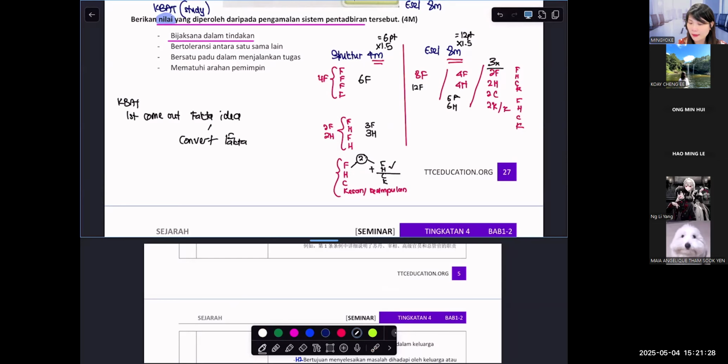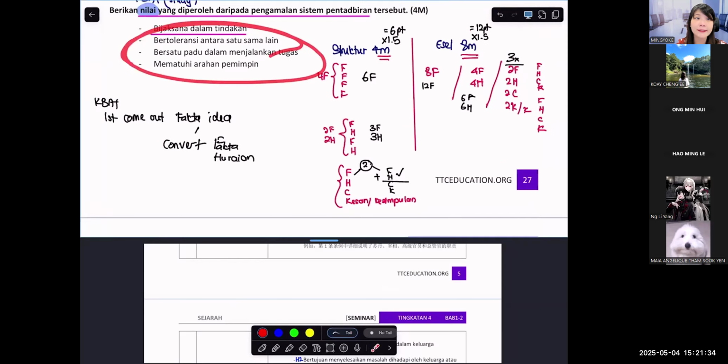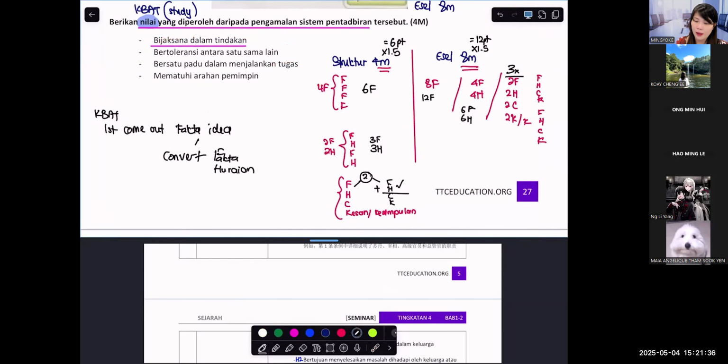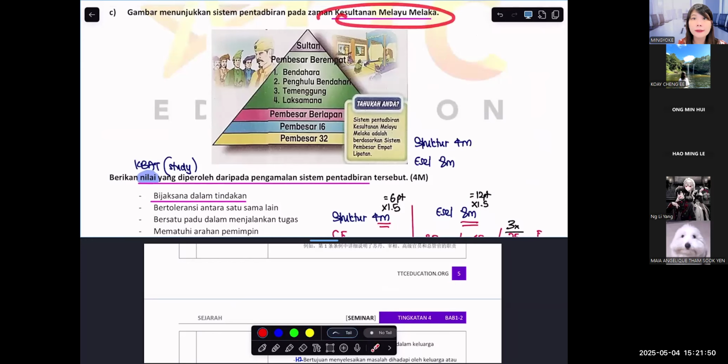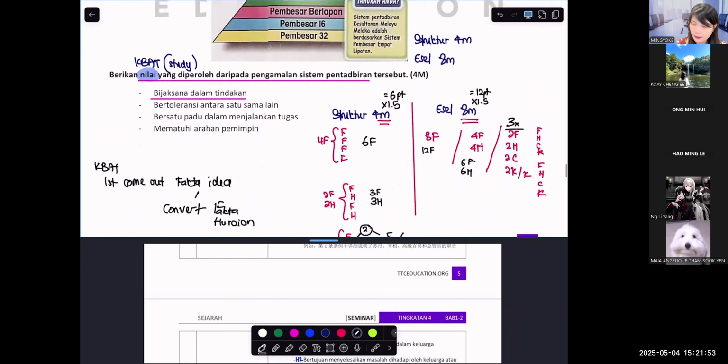convert into fakta huraian. Example, you see these 4 seems like fakta, right? You convert it. For example, nilai yang diperoleh daripada pengalaman sistem pentadbiran Kesultanan Melayu Melaka adalah bijaksana dalam tindakan. Full stop. So I treat this as fakta. Then I huraian, okay?